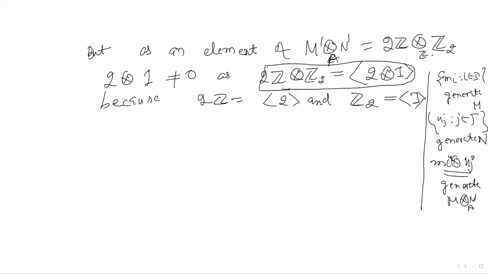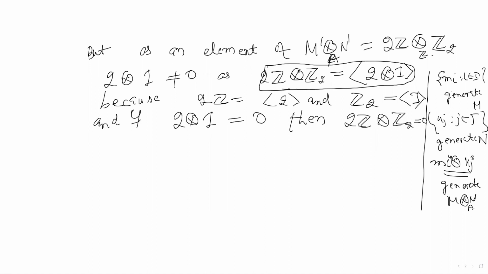Now if this 2 tensor 1 is 0, then the whole module 2Z tensor product Z2 would be 0. But our claim is that this module is non-zero.